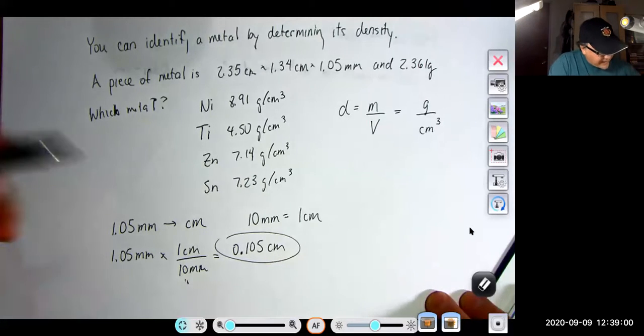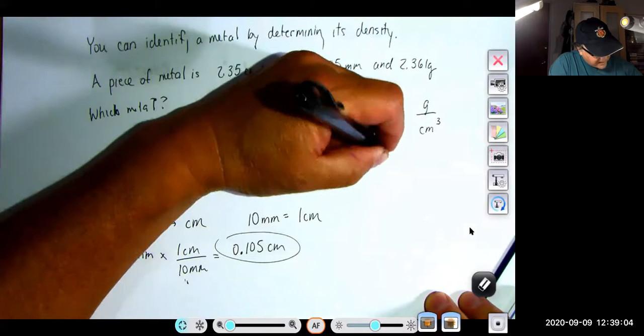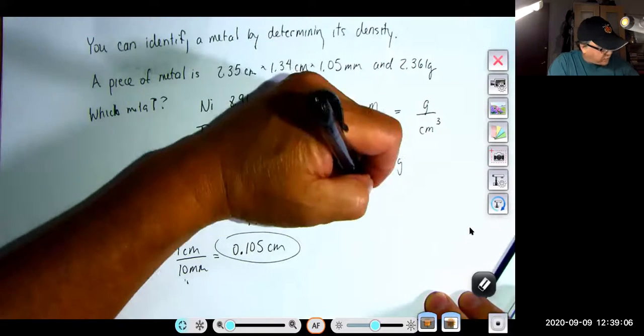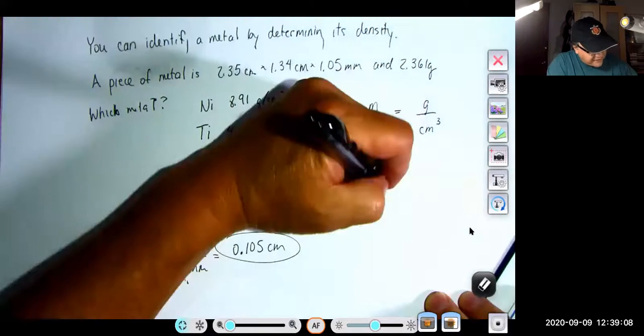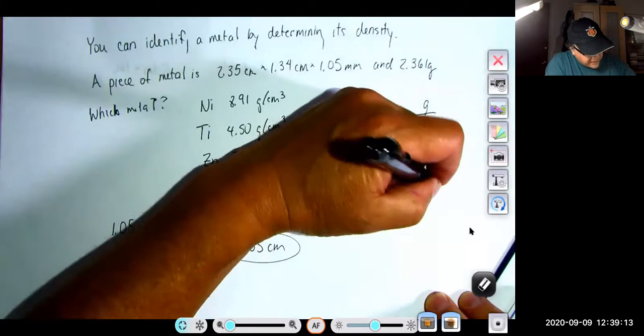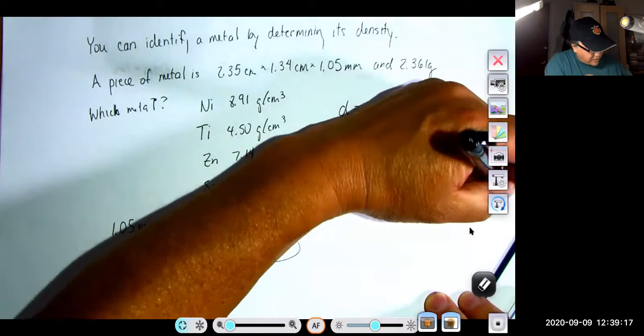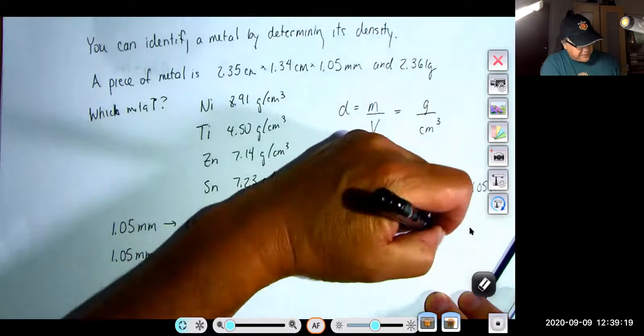So now we can get that the mass is 2.361 grams and the volume is 2.35 centimeters times 1.34 centimeters times 0.105 centimeters. So I'm going to get centimeters cubed here.